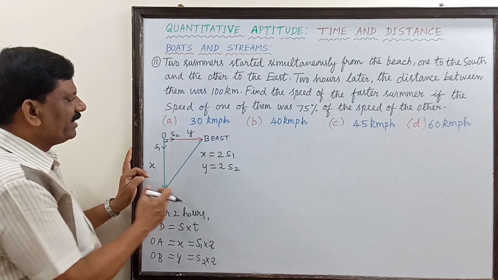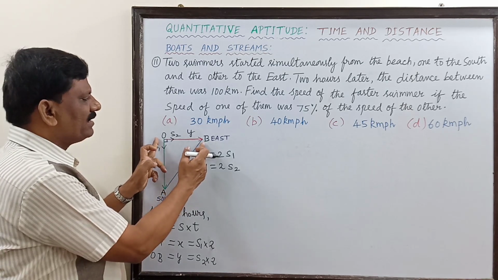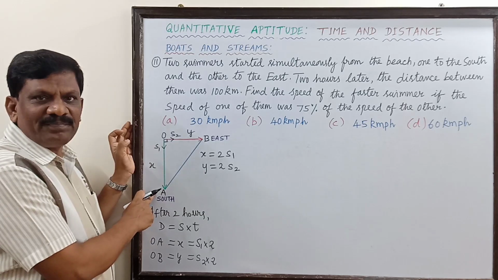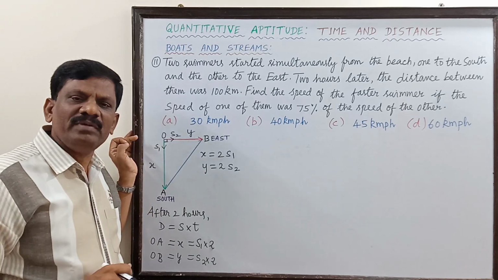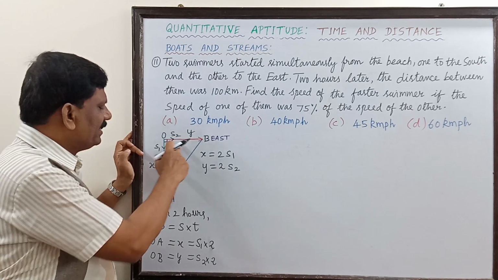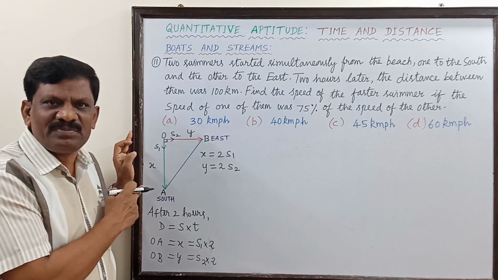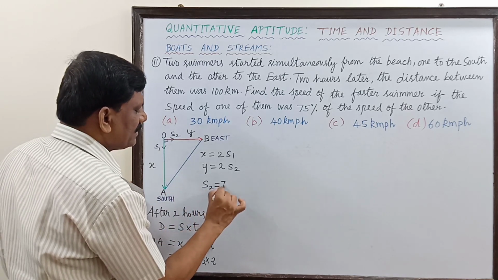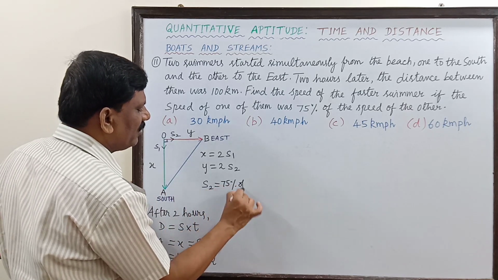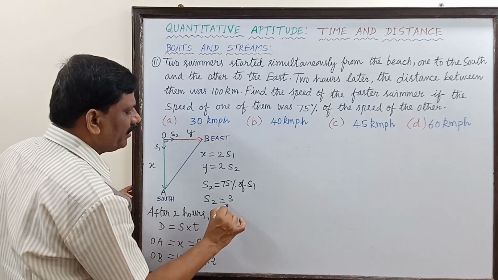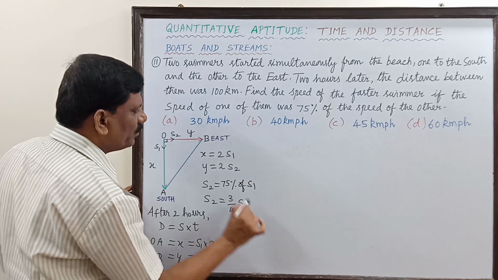Now, in this picture, I have shown that the second swimmer has traveled a lesser distance in 2 hours than the first swimmer. Therefore, whose speed should be lesser than the other one? In this picture, S2 is lesser than S1. Therefore, S2 is equal to 75% of S1, or S2 is equal to 3 by 4 times S1.